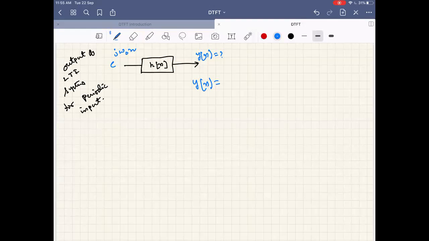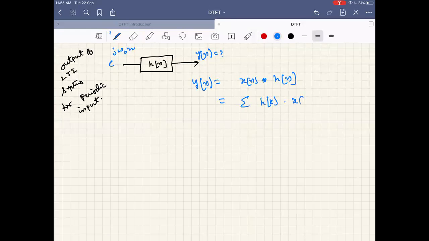When I try to find Y of n in the time domain, X of n and H of n are to be convolved to find Y of n. As an expansion, what can I write? H of k into X of n minus k, k varying from minus infinity to infinity.